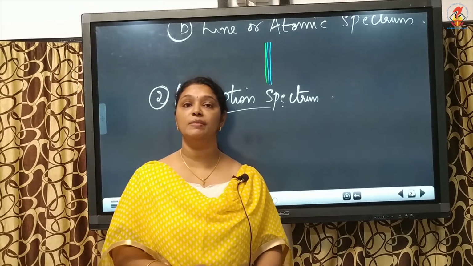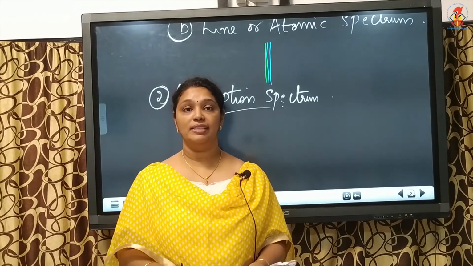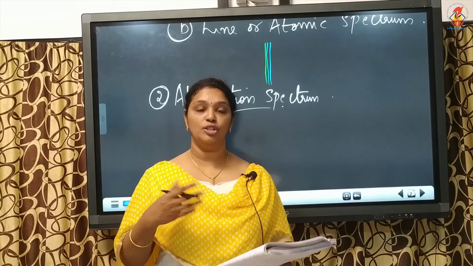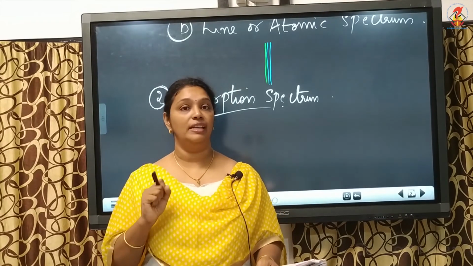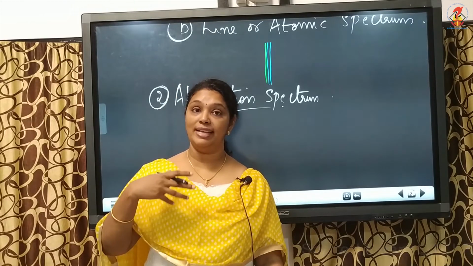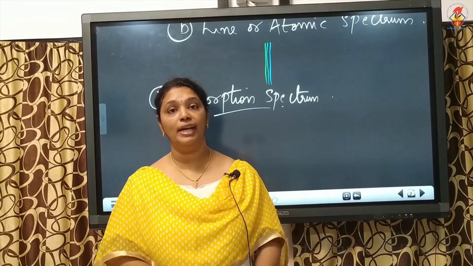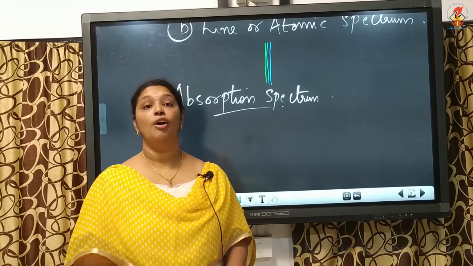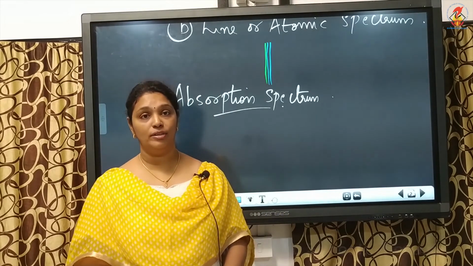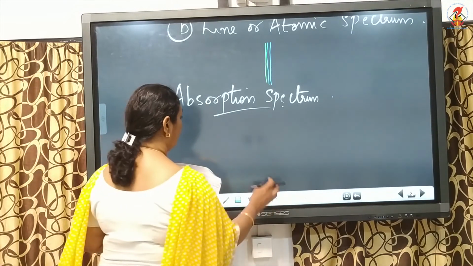Now what do you mean by line spectrum or atomic spectrum? It is an emission spectrum, that is, it is observed when radiations are emitted from atoms in gaseous state, and they are observed as colored lines separated by dark spaces.